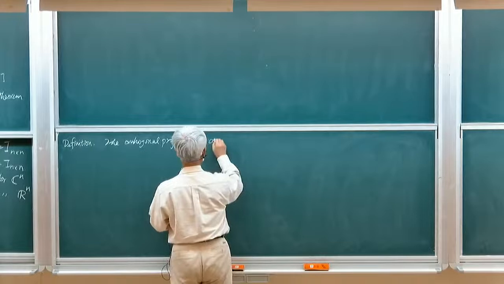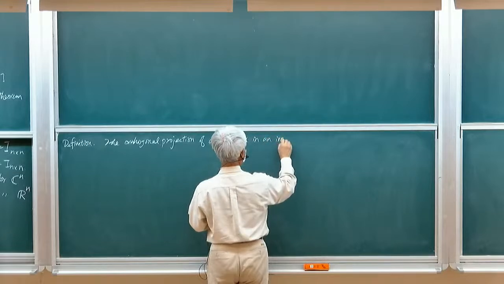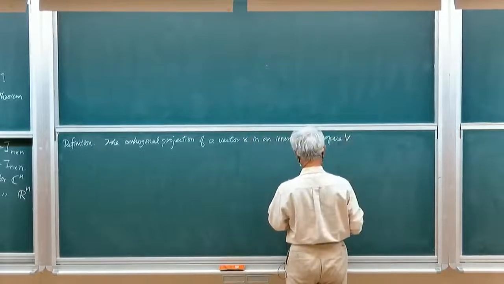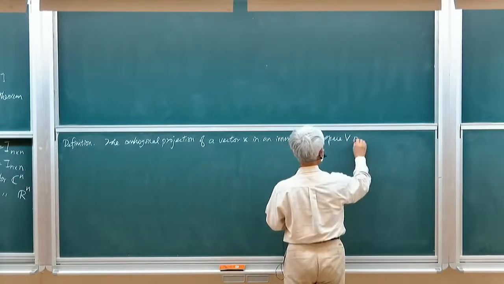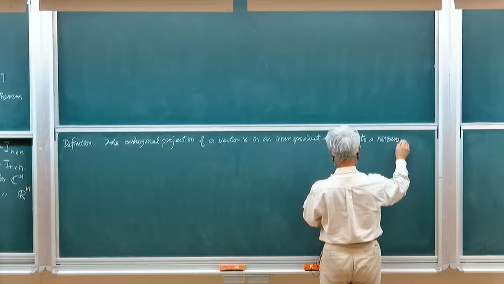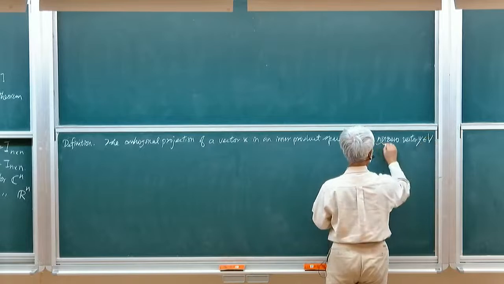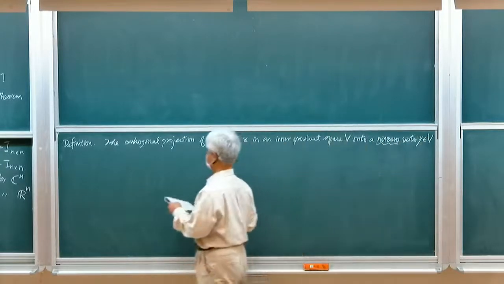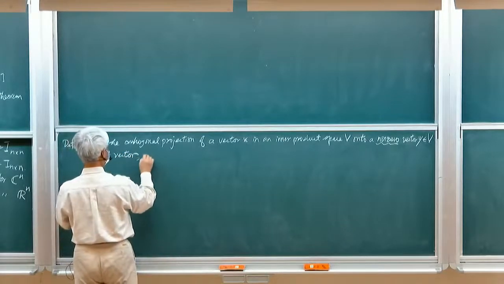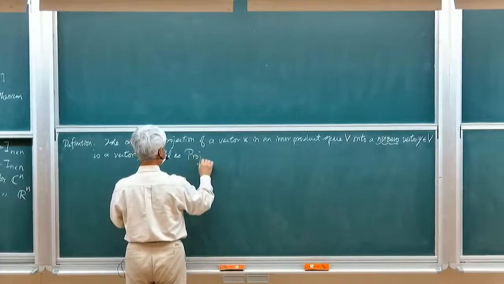of a vector x in an inner product space V onto a non-zero vector y in V is a vector, and we denote it as proj_y x.